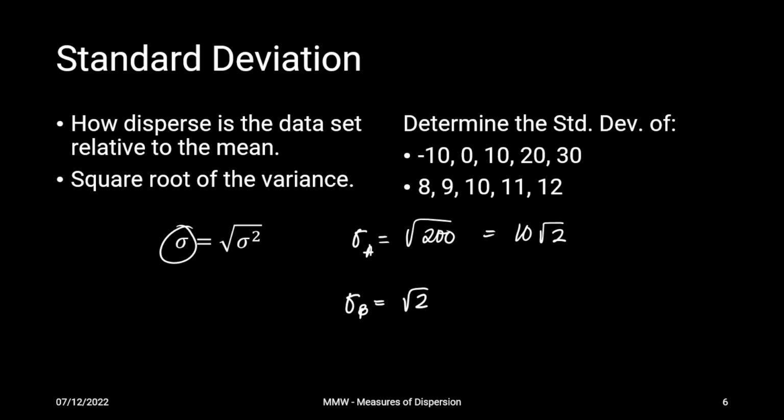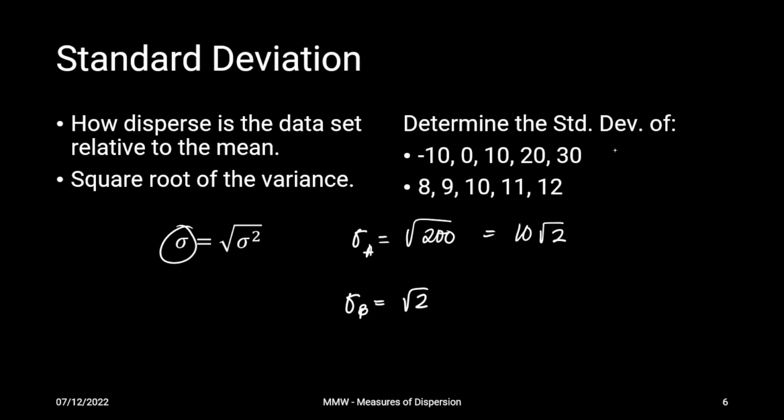So, we can infer that dataset A is 10 times more dispersed as compared to dataset B, because meron tayong 10 times square root of 2, ang ating standard deviation for dataset B is just square root of 2.